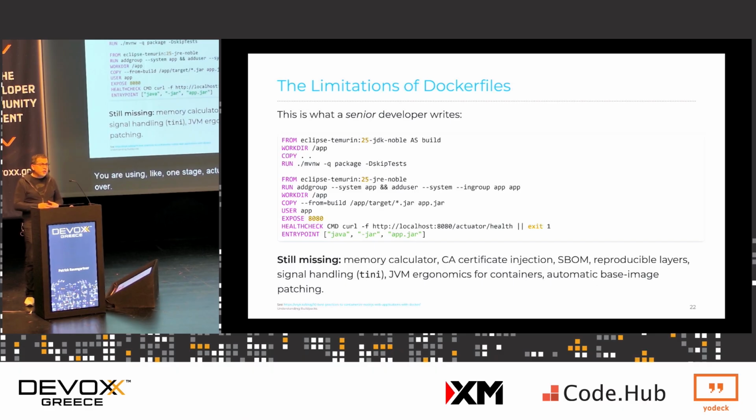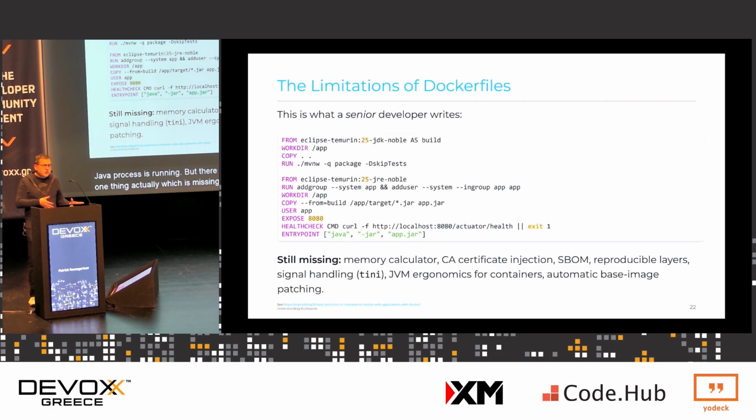You maybe have heard that you should not use a privileged user to run your application, so you are adding a user to the whole thing. Maybe you have heard that you should add health checks so that we get feedback from the container when it started, when we know that the Java process is running. But there are still things missing. And one thing which is missing is the Java memory calculator.